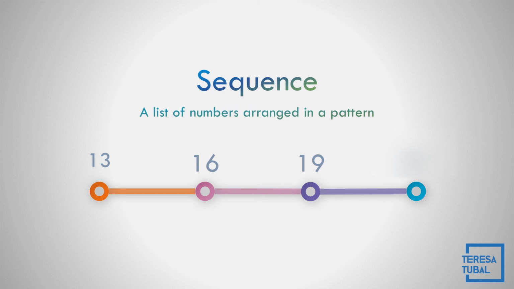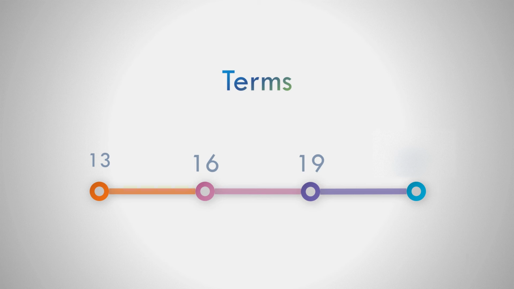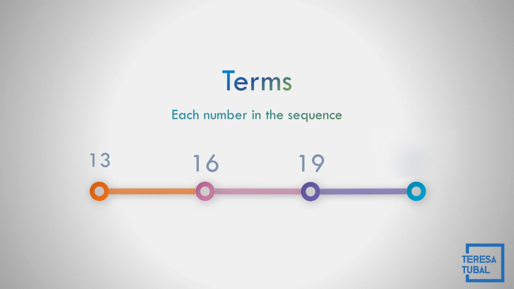And those numbers 13, 16, 19, and 21 are also called sequence. Sequence is a list of numbers arranged in a pattern. How about terms? Terms is each number in the sequence.